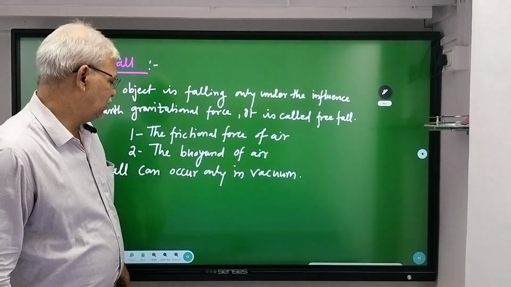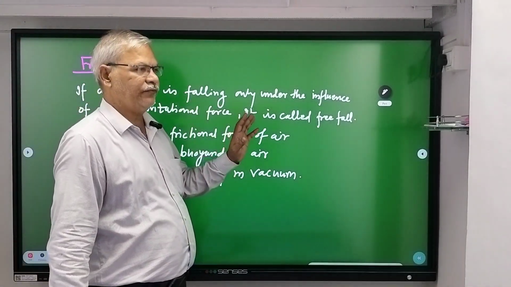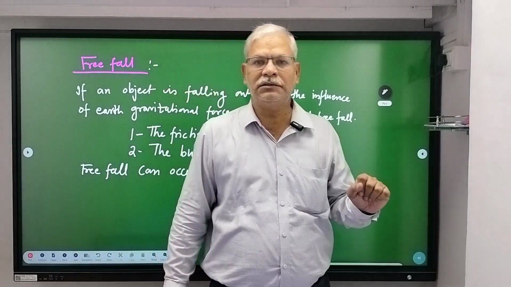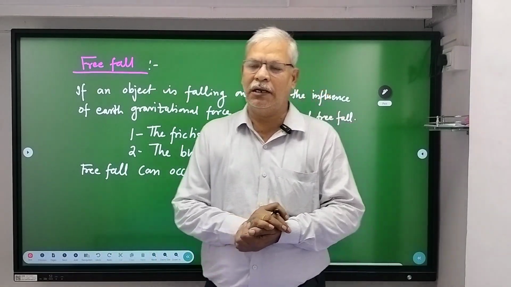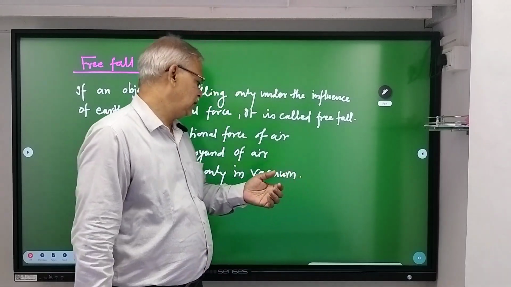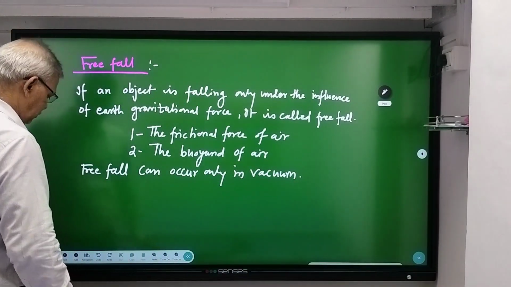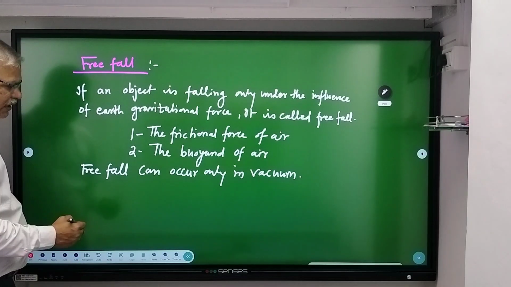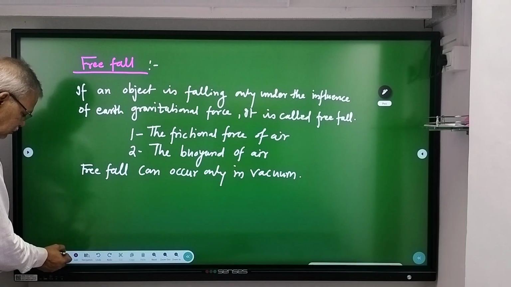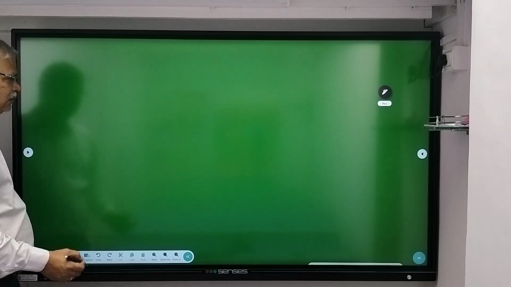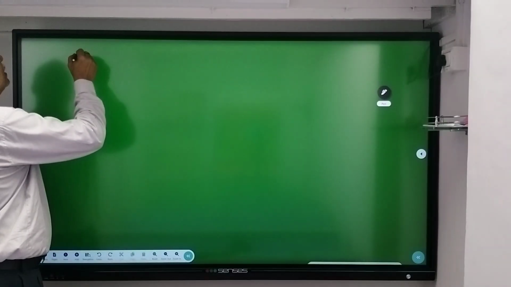Now see here, during the free fall, the initial velocity of the object is 0 and its acceleration a is equal to g. Therefore, we can write the three equations of motion.